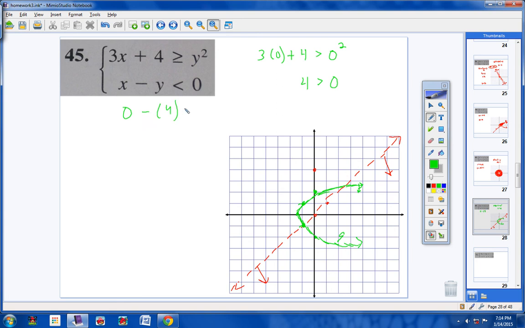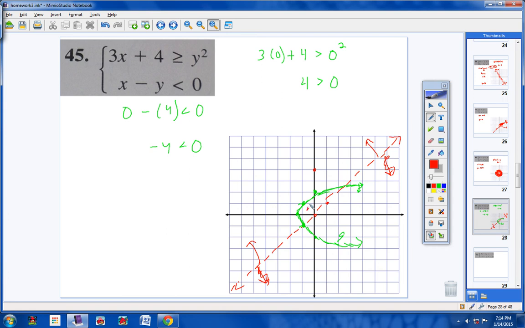Negative 4 less than 0. 0 minus 4 is negative 4 is less than 0. That's correct. That's right. My goodness, what was I thinking before? Sorry, guys. So negative 4 is less than 0. That's totally true. That is definitely true. So you're going to shade up toward that point.